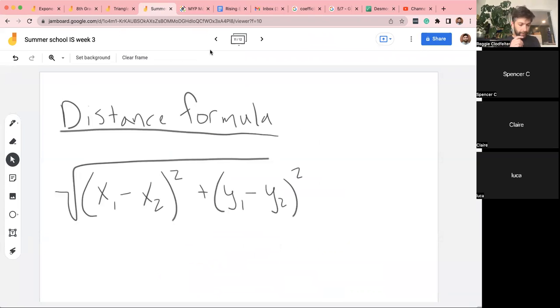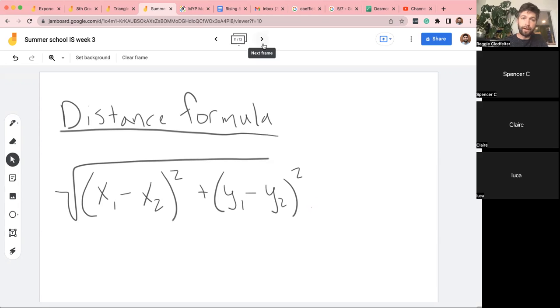So the distance formula, the formula itself, is the square root of x1 minus x2 squared plus y1 minus y2 squared. But as you're going to see in this video, the distance formula is actually just the Pythagorean theorem applied to the coordinate plane.